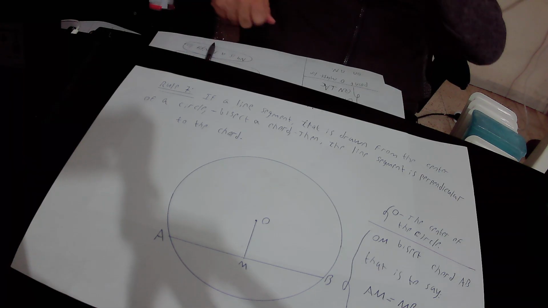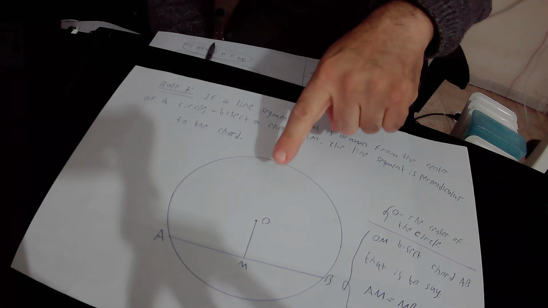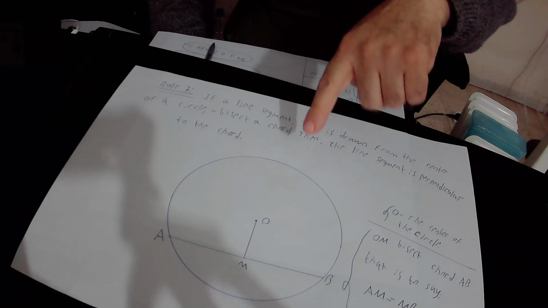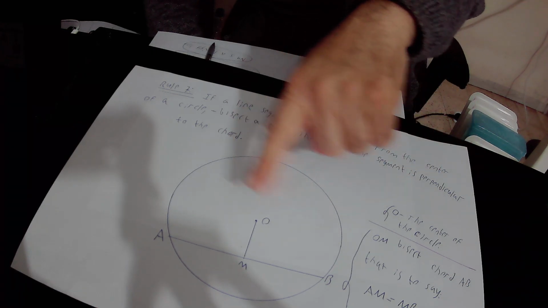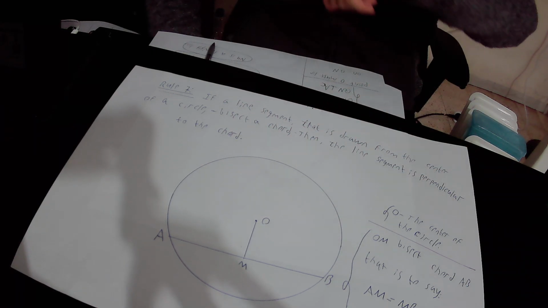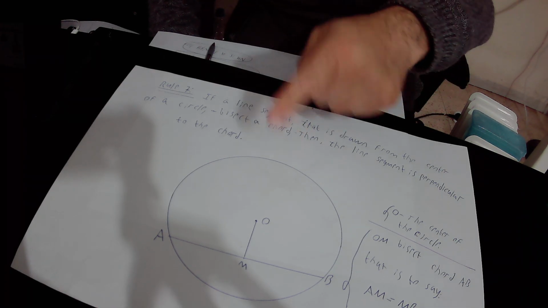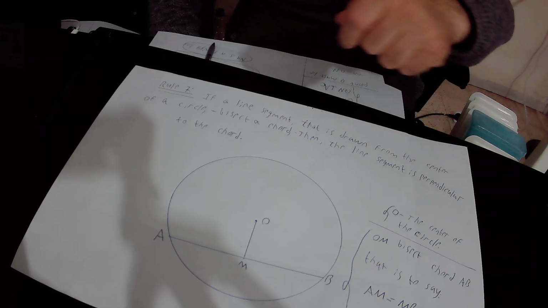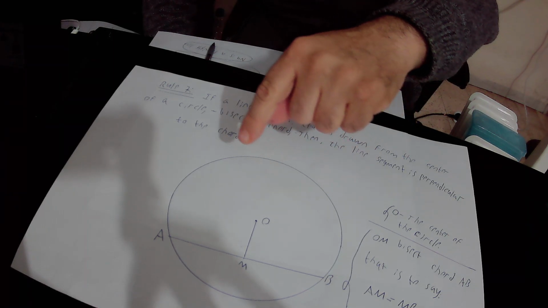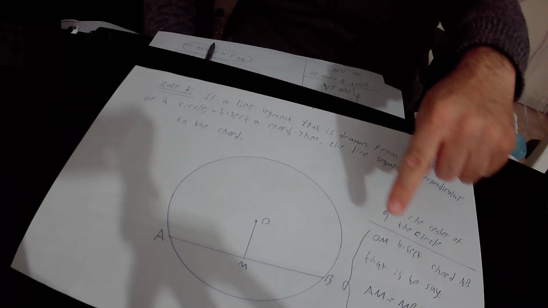We have the center of this circle at point O, line segment OM bisects chord AB, that is to say AM equals MB. And whenever you have a line segment from the center of a circle like here that bisects a chord, then the line segment OM will also be perpendicular to chord AB.